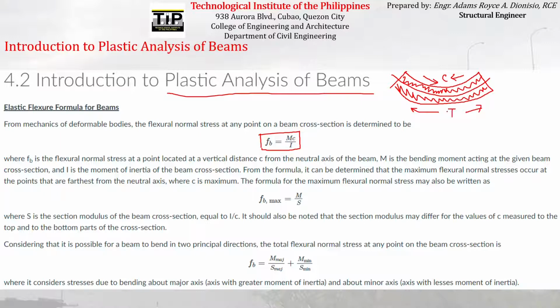Because of that compressing and stretching, that results in what we call flexural stresses, which can be graphed with respect to the depth of the beam.